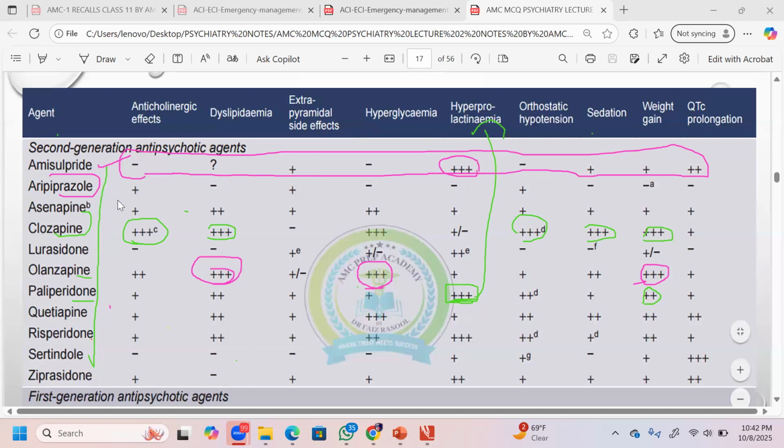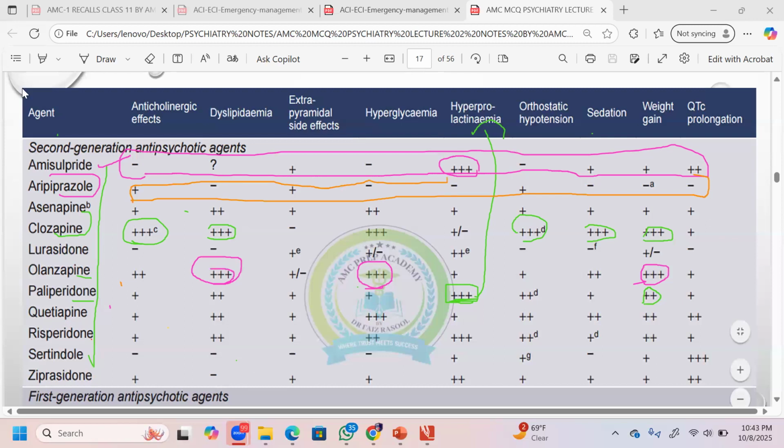So aripiprazole, see here, this drug also has fewer adverse effects compared to others, and is one of the safest antipsychotic medications. See here, only anticholinergic 1 plus, the other is negative, extrapyramidal only one. So this is the safest drug among all antipsychotic medications.